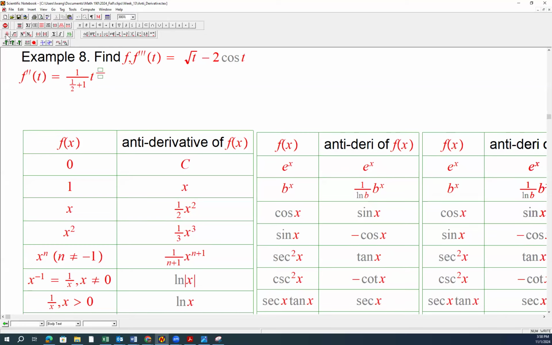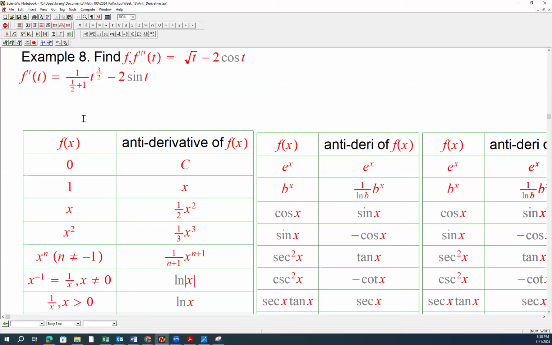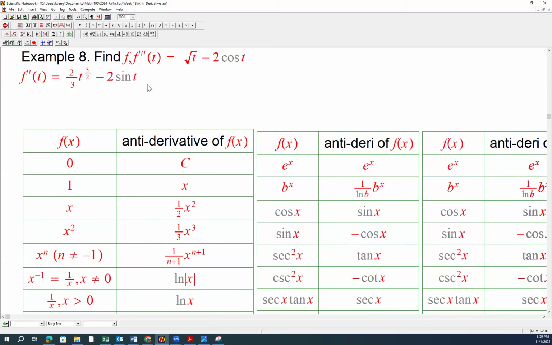So this is going to be 3 half minus 2. The antiderivative of cosine is sine. So over here, that's going to be 3 half, and 1 over 3 half is 2/3. And plus a constant, c1.